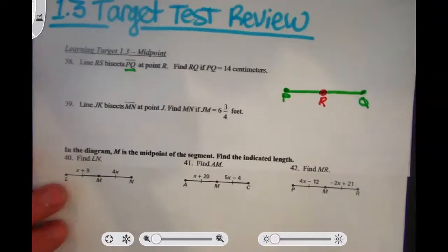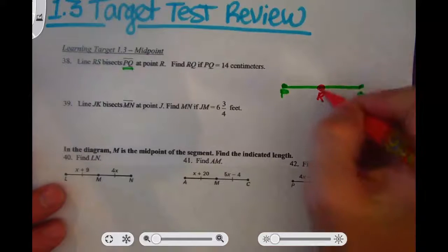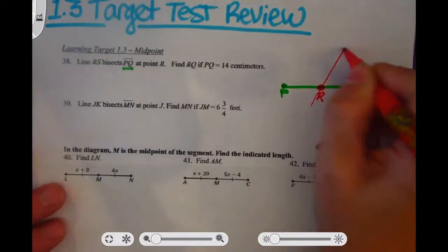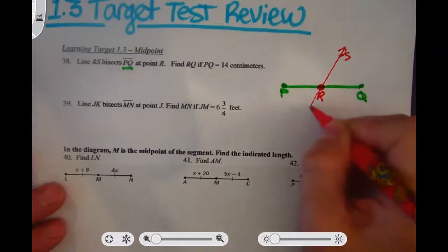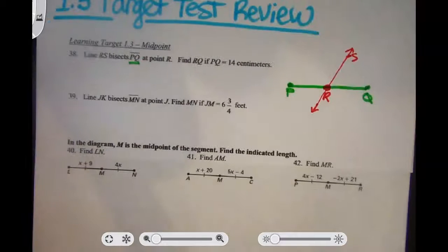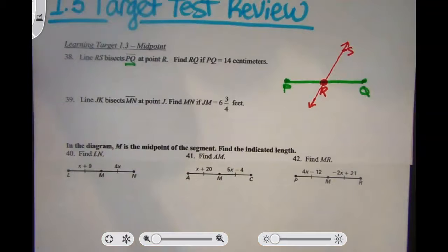And then it says, we'll go back to the beginning, line RS. So again, we'll just make a little line, and we can just put a point here of S. That's bisecting PQ. So this way we can label some numbers if we're given them.